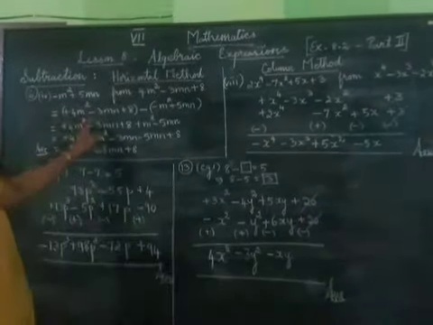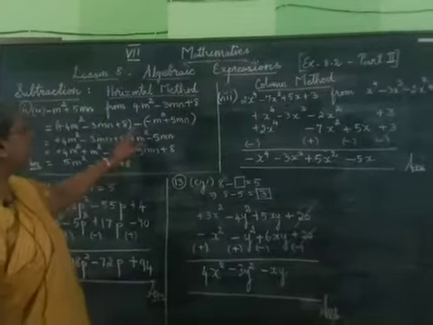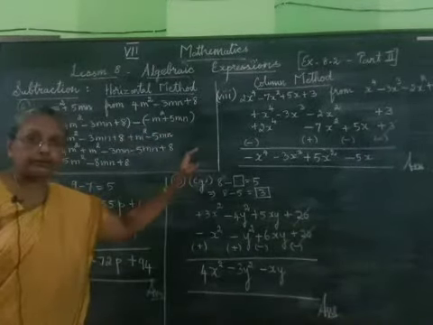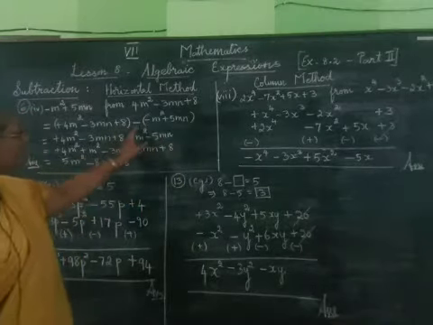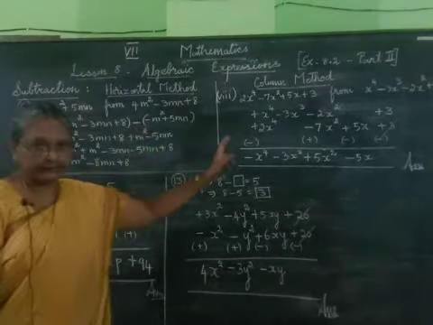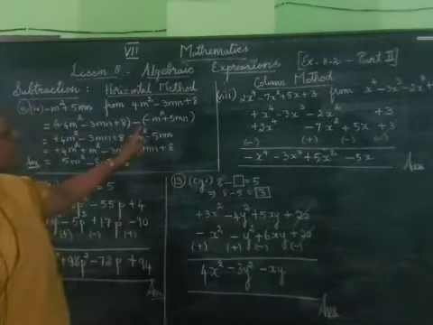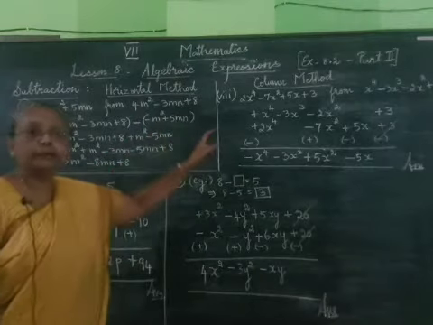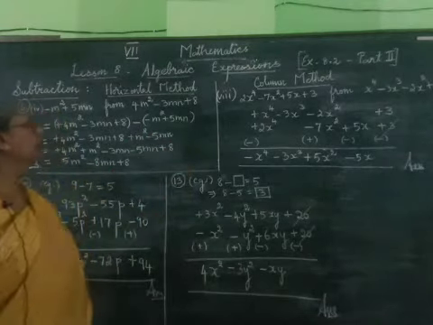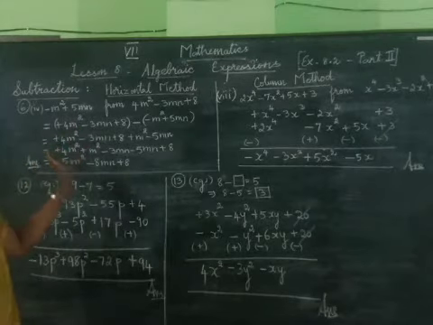Then in subtraction, what we will do is minus of one expression. So there, that is in the second expression, we will change the signs. Minus of this whole thing. So we have to change the sign of all the terms which are given inside the bracket. So here the first expression will be as it is.